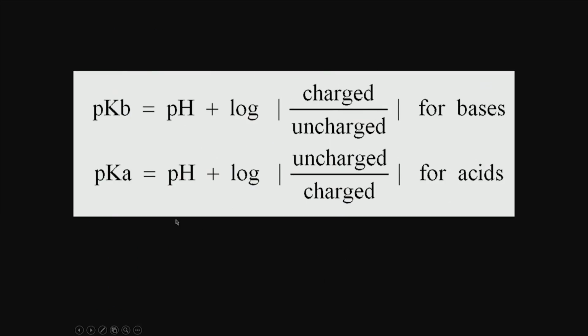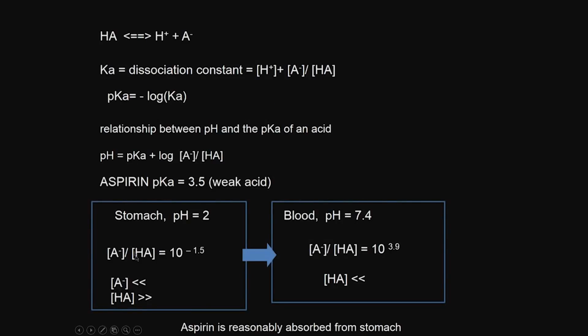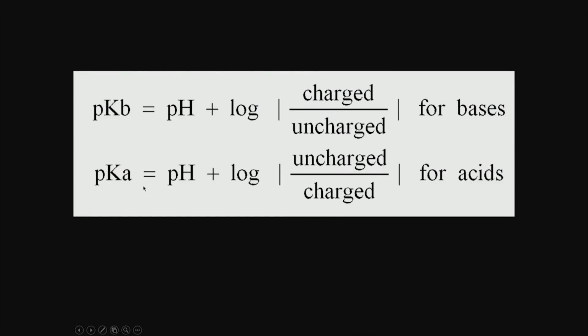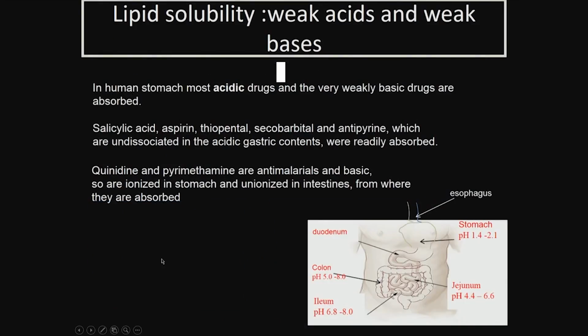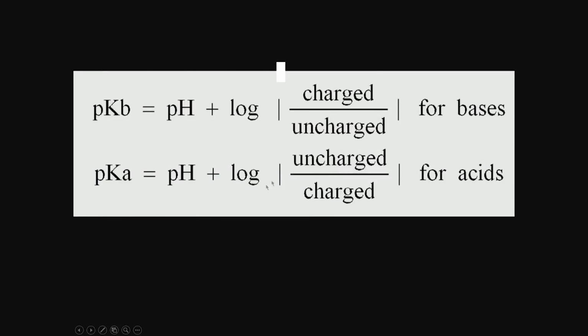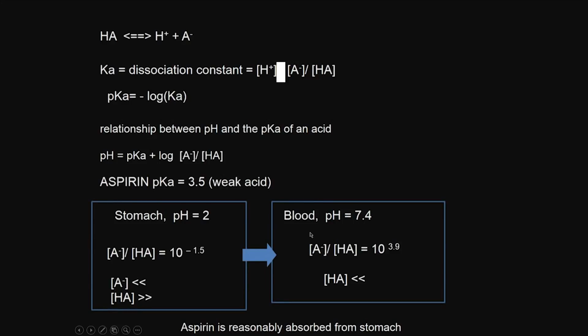Now what is the formula connecting pKa, pH and so on for acids and bases, because we used that to calculate here. pKa is given by pH plus log of uncharged by charged for acids. When this goes to that side, you will get a minus, so you can put it as reversed.